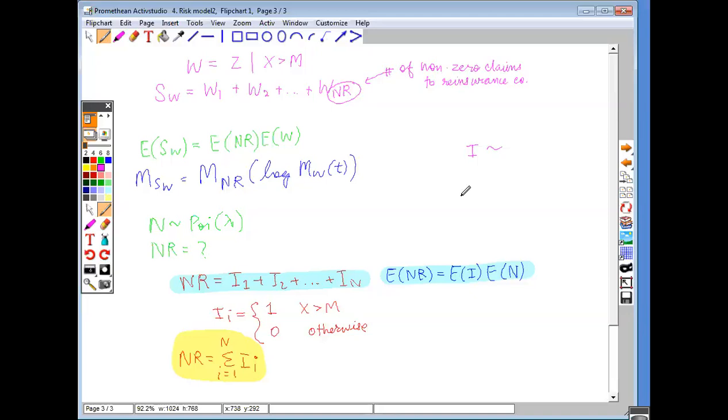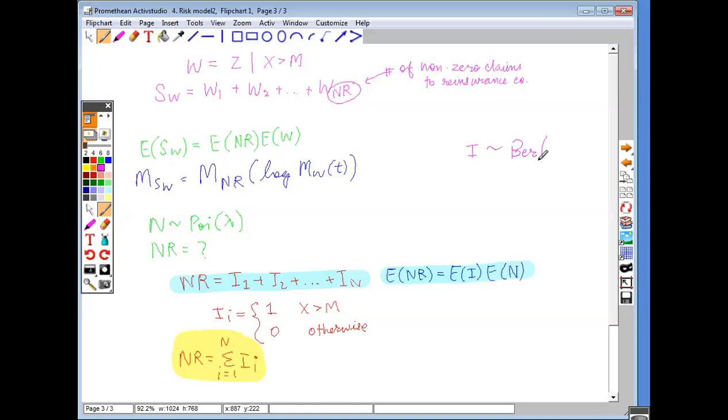Is it Bernoulli? Is it Bernoulli? So Bernoulli with what parameter? We need some parameters as well, right? And also, why do you think it should be Bernoulli and not binomial? And what about others?